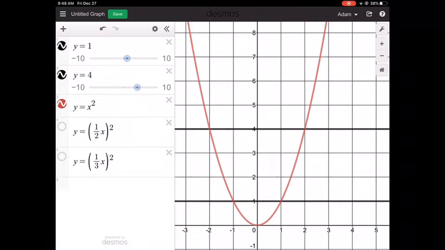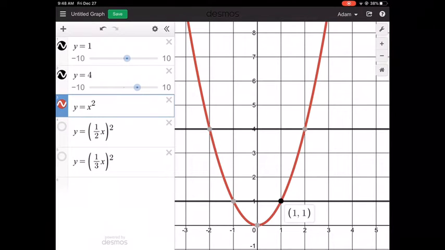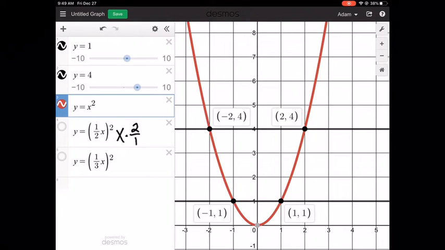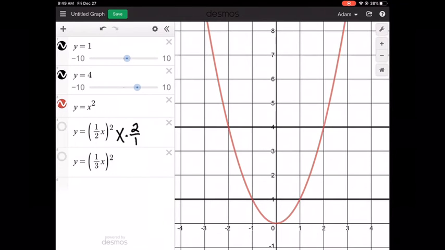Okay? So if you'll notice, on our parent function, we have x values at positive 1, positive 2, negative 1, and negative 2. If we're going to perform this horizontal stretch, again, we're multiplying our x values by the reciprocal of this number on the inside. Well, the reciprocal of 1 over 2 is 2 over 1, which just means that I'm multiplying my x values by 2.